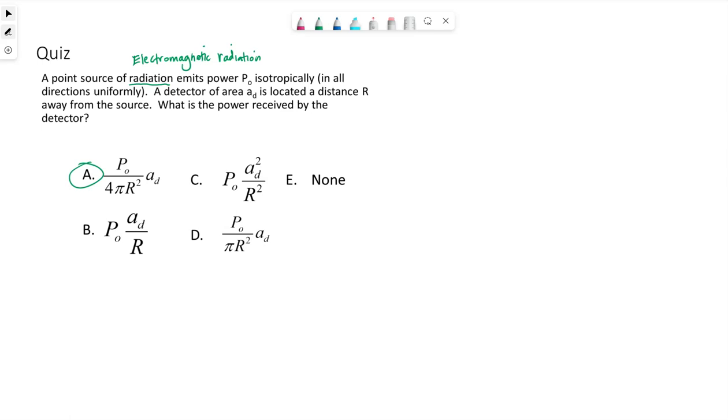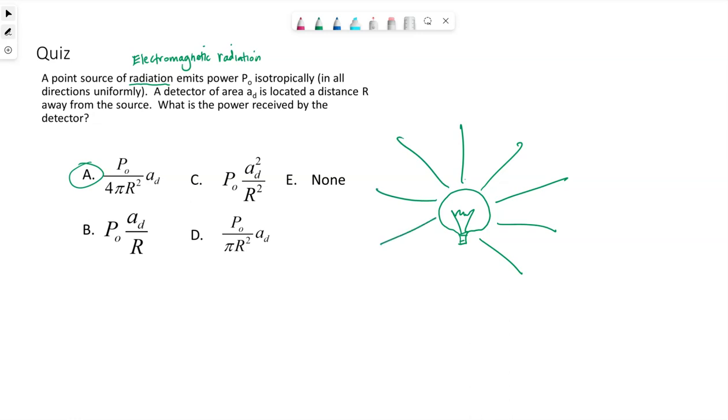So radiation, not necessarily talking like radiation therapy per se of cancer or something like that. To give us a visual of what we might be meaning here, our point source could be, say, a light bulb. It's an ugly light bulb, but there you go. It tells us that this light bulb is emitting, or whatever the source happens to be, it is emitting its energy and power in all directions uniformly.